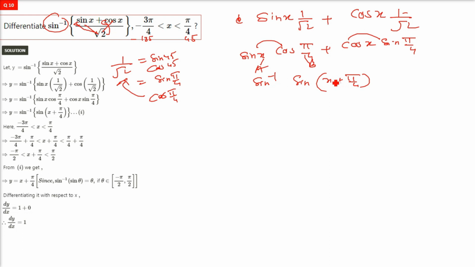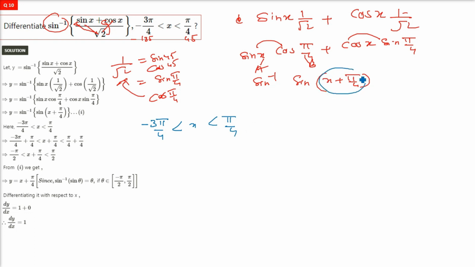And x plus pi by 4, again, since there is a limit being given, minus 3 pi by 4 and pi by 4, you have to show the examiner that when I am cancelling sin and sin inverse in this case, I am taking care of the limits. So negative 3 pi by 4 and pi by 4, x is between these two.